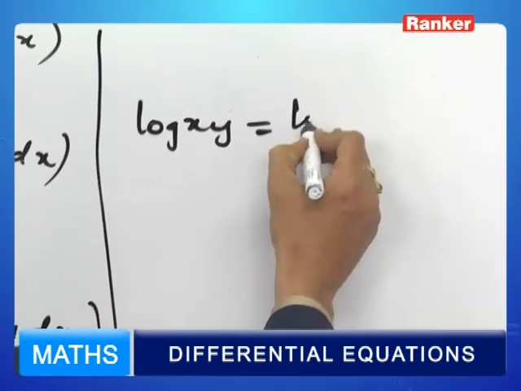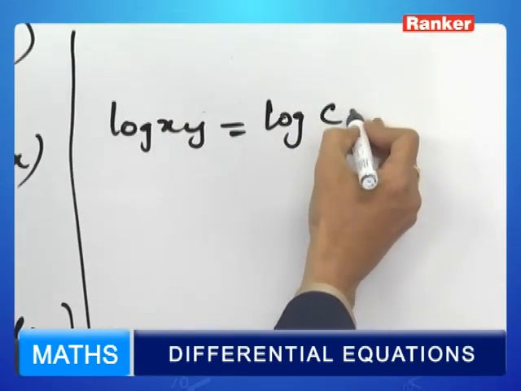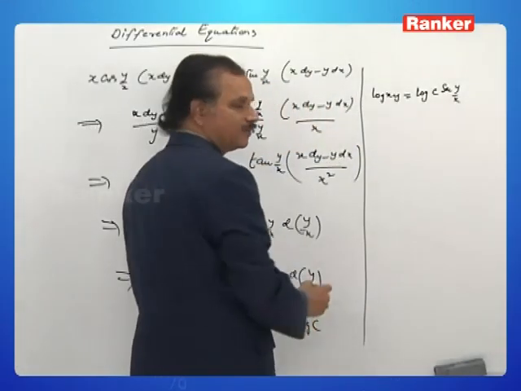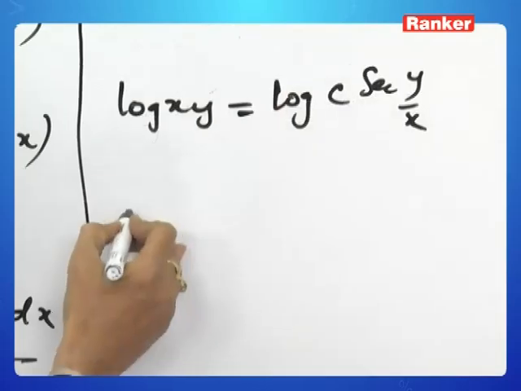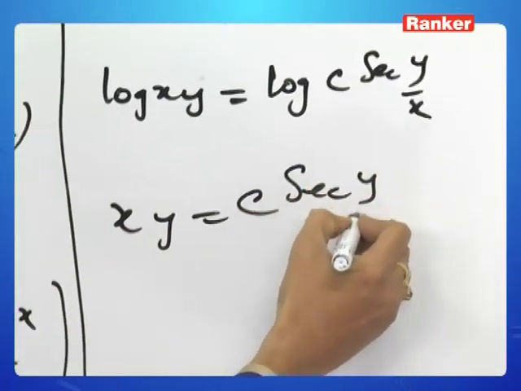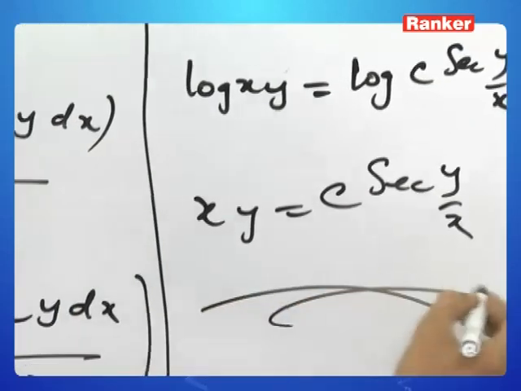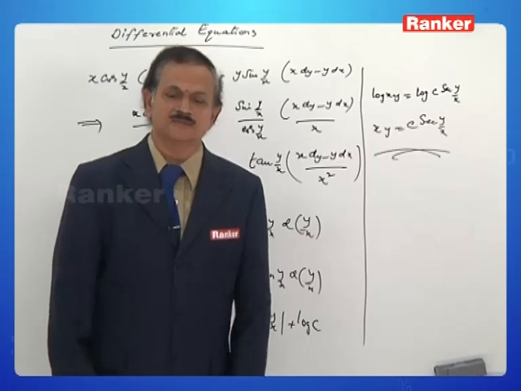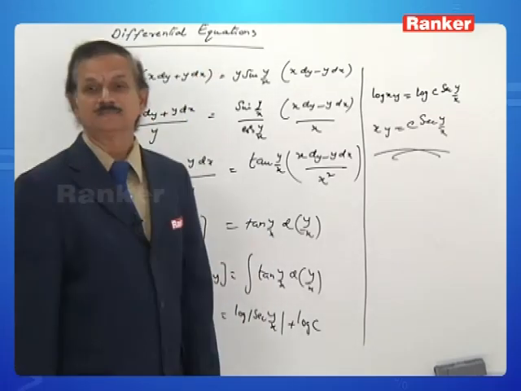Therefore, it is log of c into secant y by x. So if you omit the logarithmic signs on both the sides, xy is equal to c secant y by x. That will be the general solution. That is the final answer.